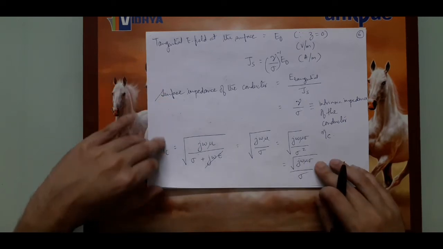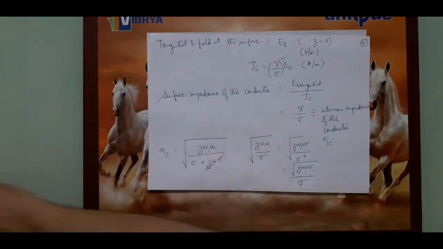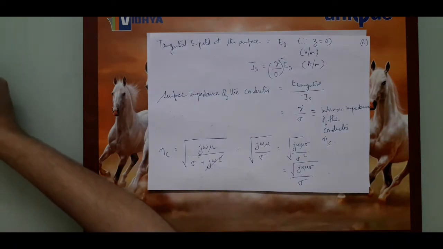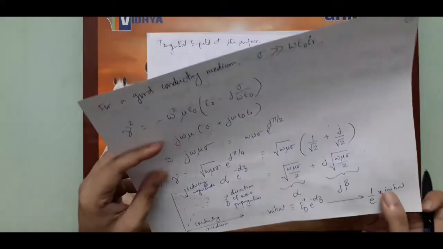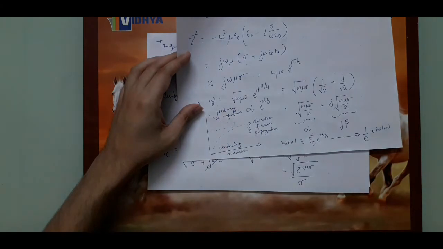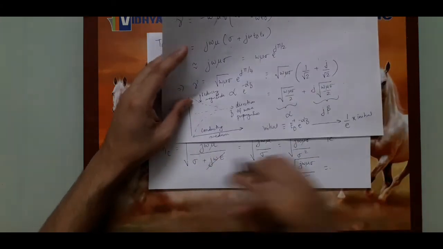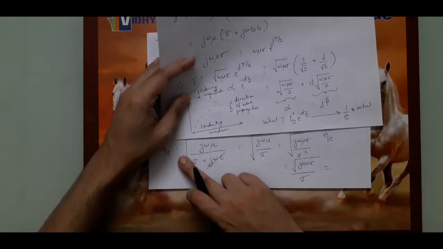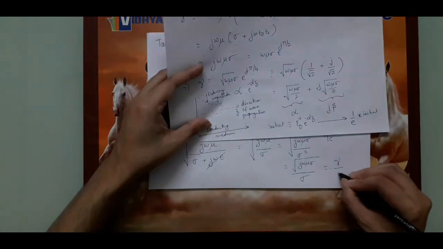And as we have proved already earlier that the gamma of a very good conductor is given as the root of this. So this further clarifies our assumption of naming the surface impedance itself as the intrinsic impedance. So this is also gamma by sigma.